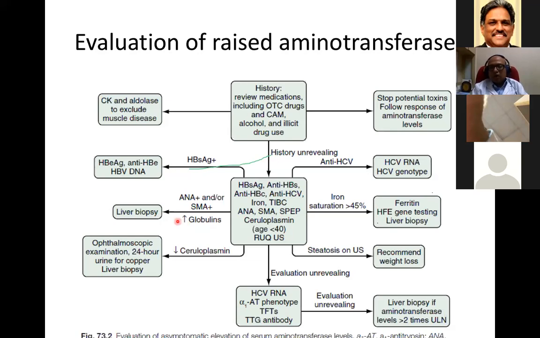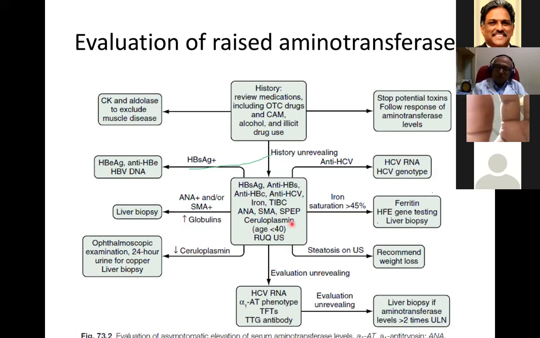In these cases, you can do a liver biopsy where there is a doubt that there is an autoimmune process. Again, ceruloplasmin in young people may be useful to pick up Wilson's disease, and always do an ultrasound to look for any cholestasis. It also gives us an idea whether there is cirrhosis of the liver and whether there are any other reasons for rise in liver function tests, like malignancy, etc.